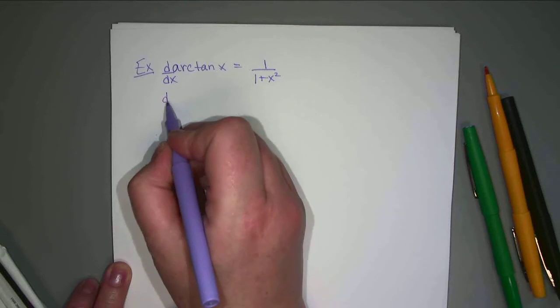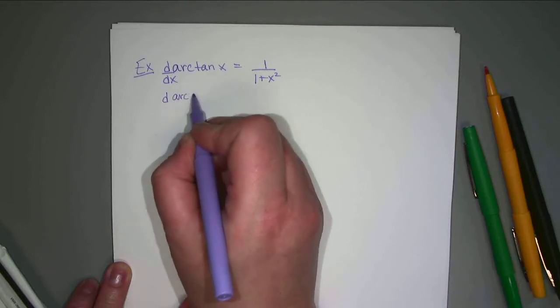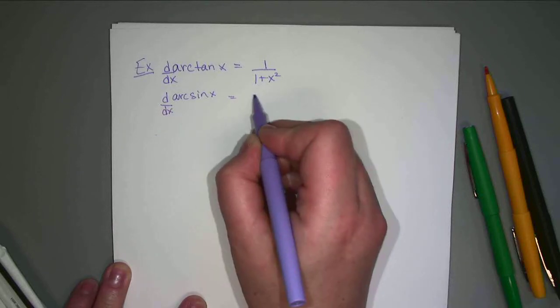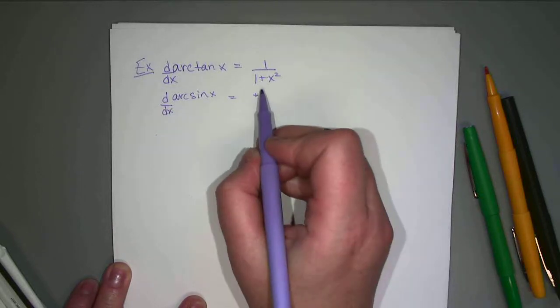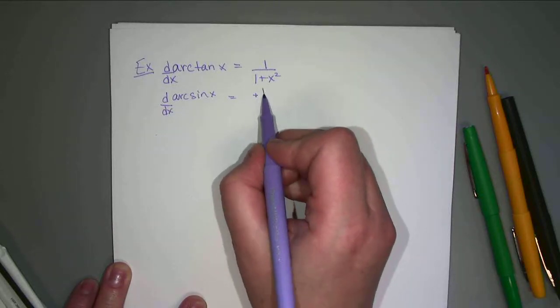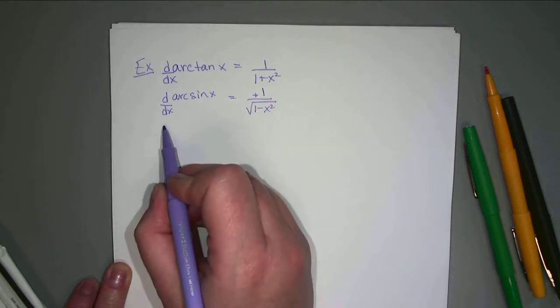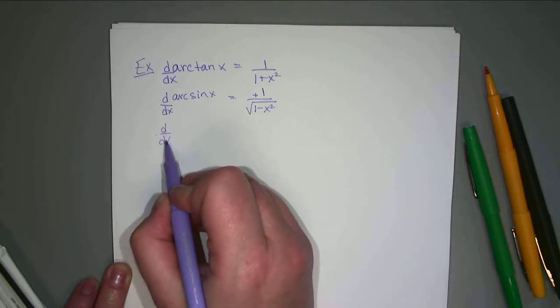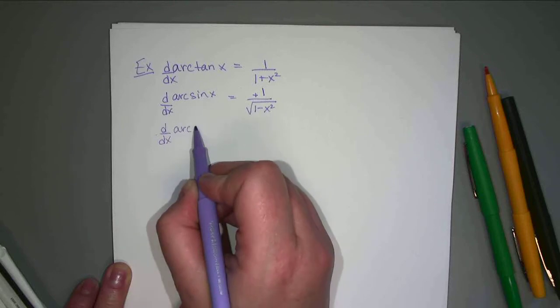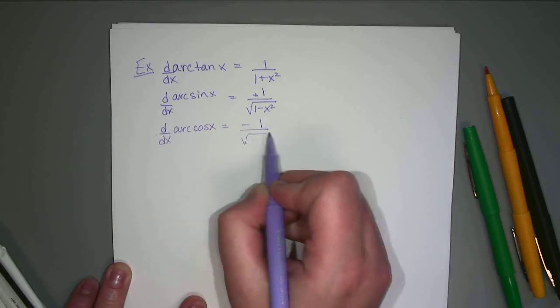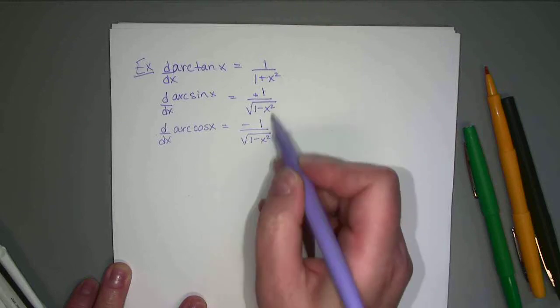And then if there was an arcsine in the question, and arccos, okay, these are very similar.